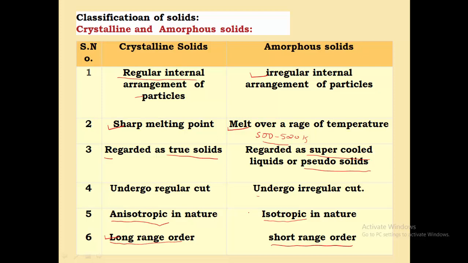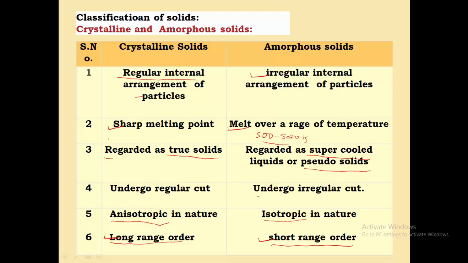But in amorphous solids, the regular periodic arrangement of particles is observed for short distances only. Hence, amorphous solids are considered to exhibit short range order, and crystalline solids are said to exhibit long range order. So these are certain differences between crystalline solids and amorphous solids.